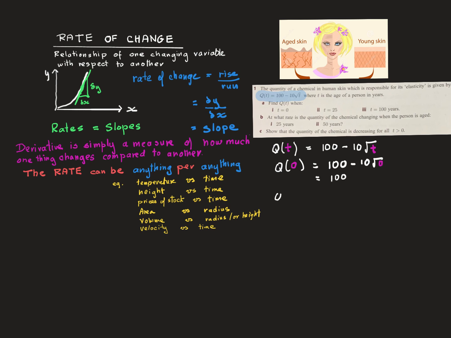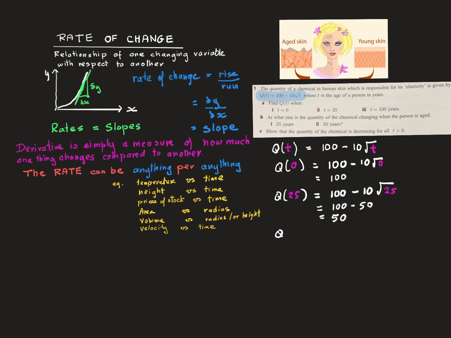Now, if we go to a time when a person is 25 years old, we end up with 100 minus 50, which is 50 quantity of chemical.